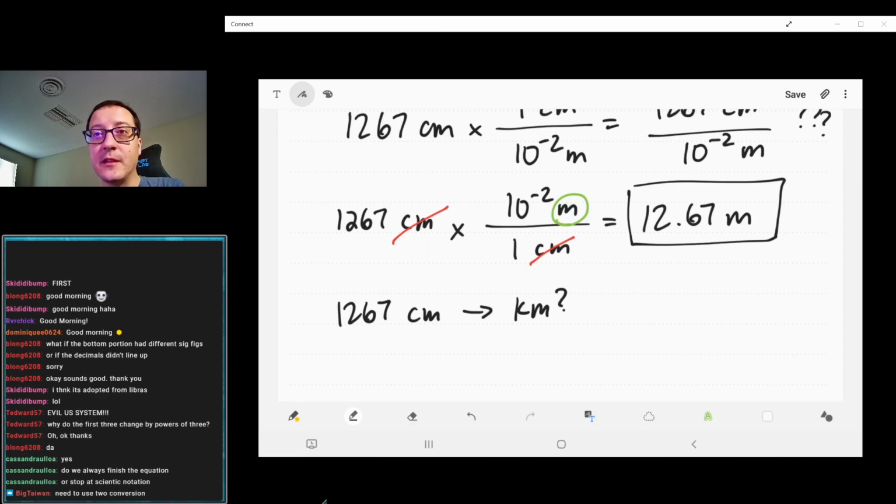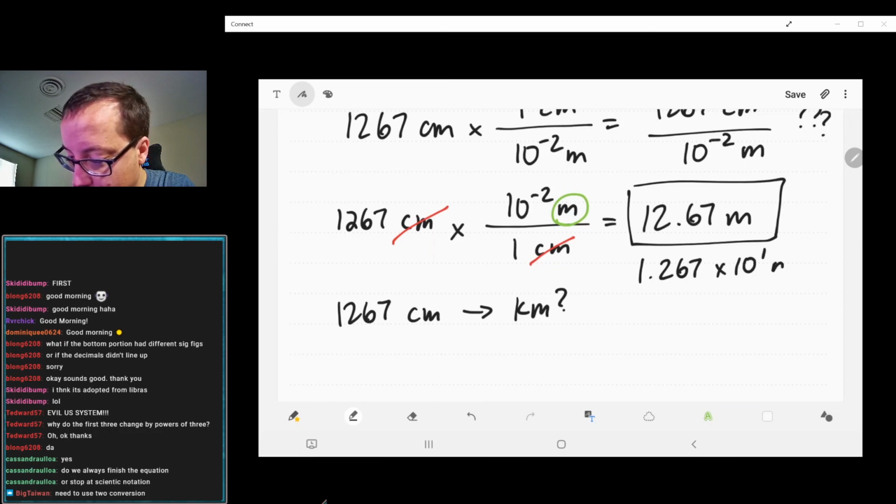You can do either one. Doesn't matter. If you want, you could have put this in scientific notation. It really doesn't matter to me, unless something is bigger than like 10,000. If it's really big, I would throw it in scientific notation. Or if it's really small, throw it in scientific notation. But for us, those two numbers, there's really no difference. I'd be happy either way. Technically you could leave it as 1267 times 10 to the negative 2, but that's a little strange.